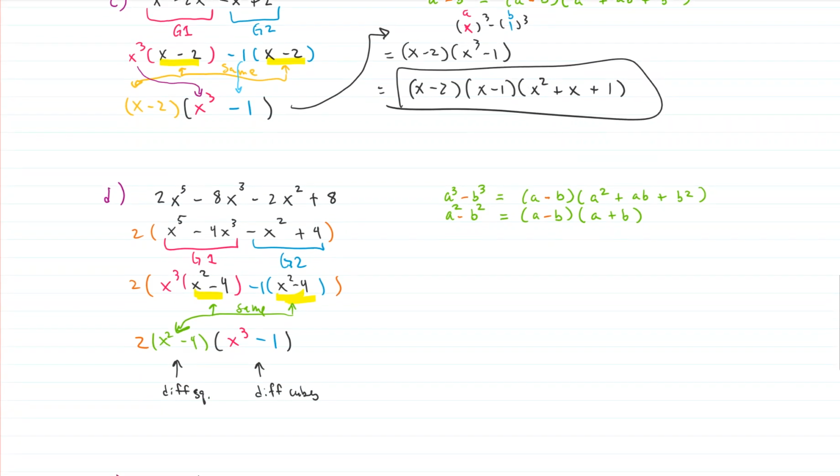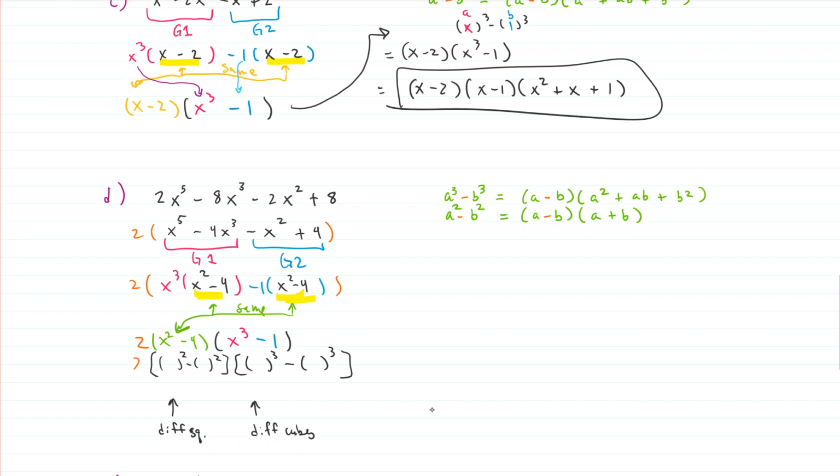So we need to identify the a and the b for both of these situations, and then we can write down the answer. I'm going to move these two down a little bit. Here we go. So the first one, can we rewrite this as something squared minus something else squared? That's our hope. And for the second one, can we write this as something cubed minus something else cubed?